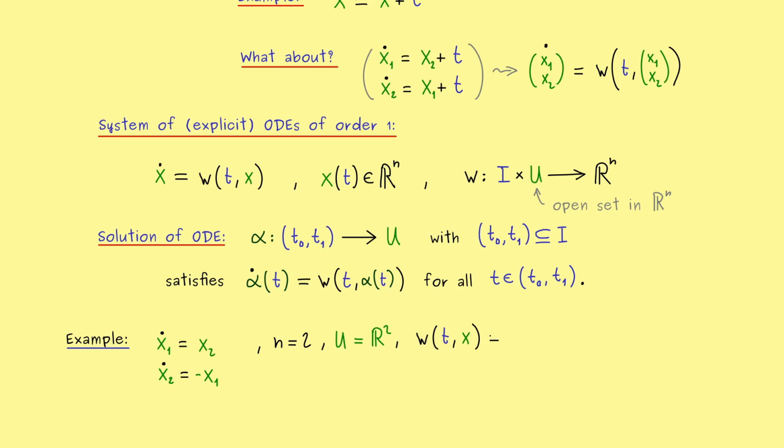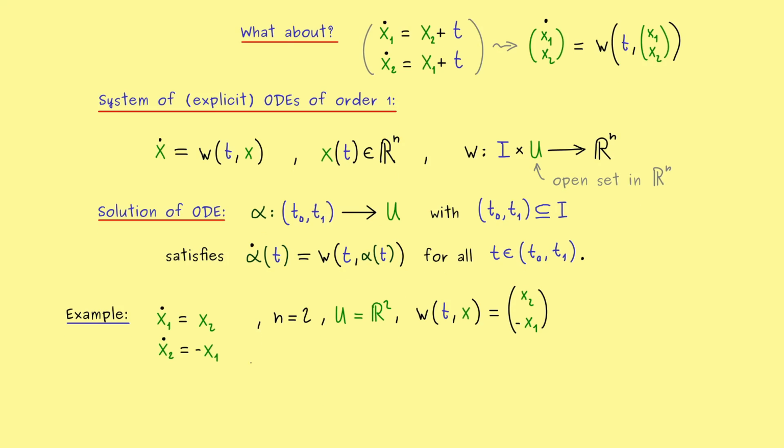And then the function w of t and x is equal to x2, minus x1. So you see, w does not explicitly depend on t. But please don't forget, t comes in again if you put in the solution alpha of t. Okay, so now if you look at this system, maybe you immediately see a solution.